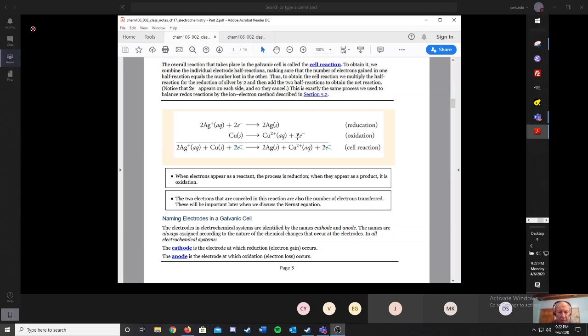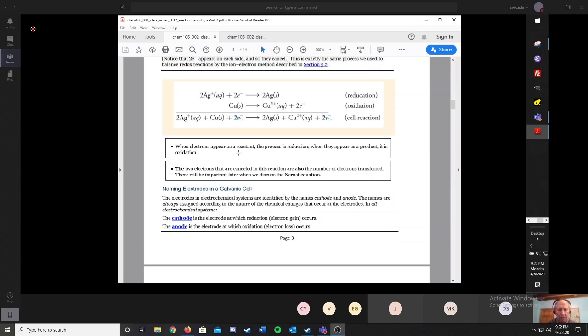So to keep the total number of electrons the same on the left side versus right, we'd multiply the top one through by 2. Once the 2 is in place on top and bottom, we can add them, and then the 2 electrons cancel out left and right, and we're left with a balanced redox reaction, which is called the overall cell reaction.